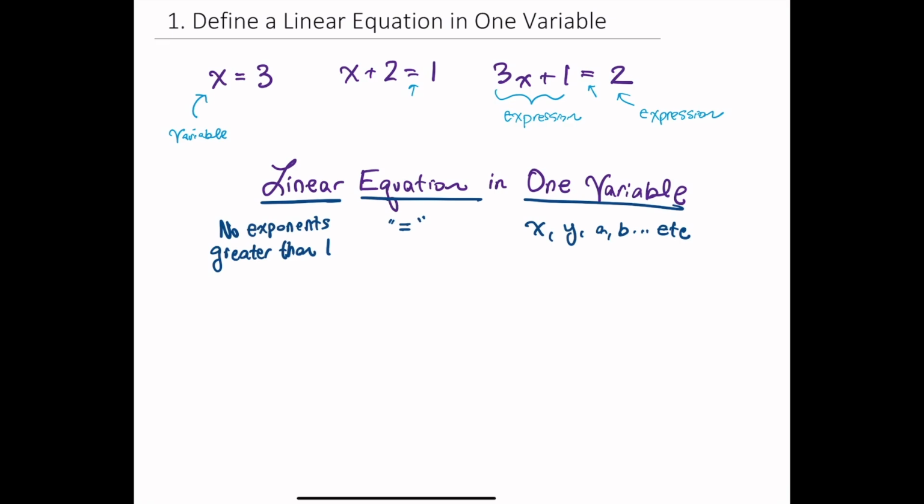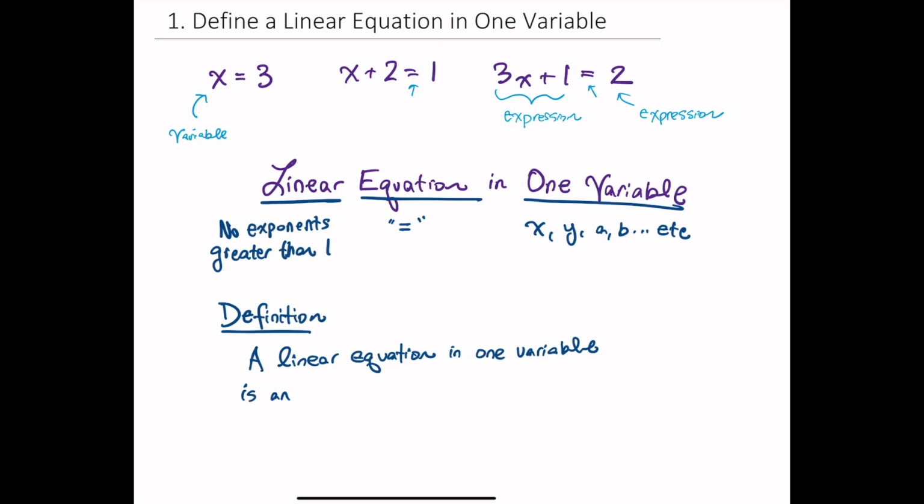The textbook gives us a more specific definition, so let's write it out here. They say a linear equation in one variable is an equation that can be written in a particular form.